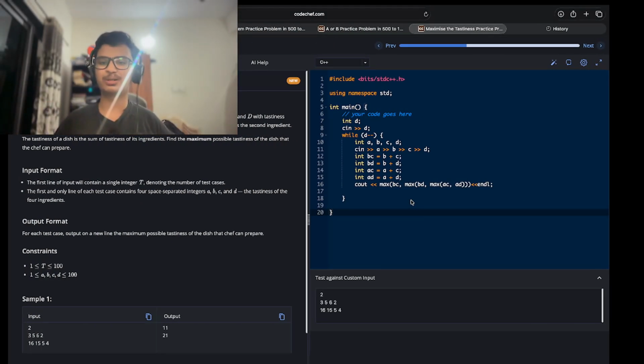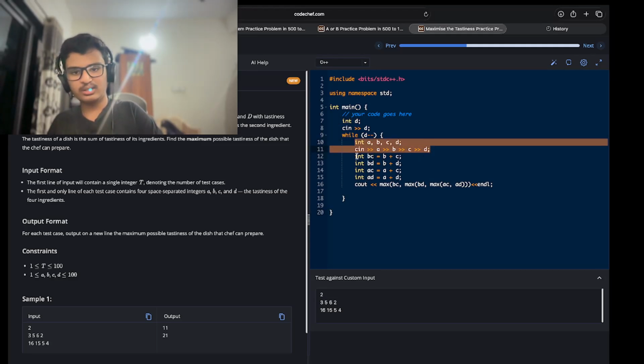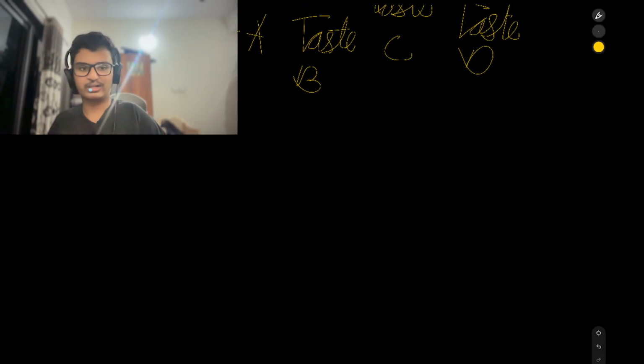You could have done anything. There are multiple solutions here, but as the main objective of this video is to discuss solutions that I have attempted and some of the problems that I have observed coming up, this is my solution here. So I've taken input of A, B, C, D, then I have simulated the conditions. So let's list down the possible conditions here for clearer understanding.